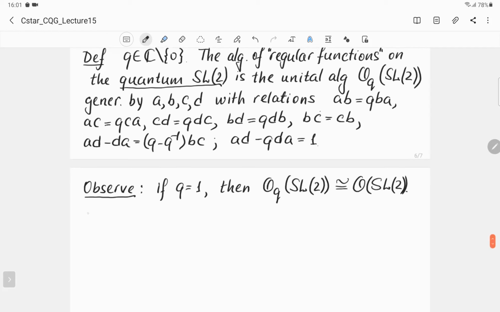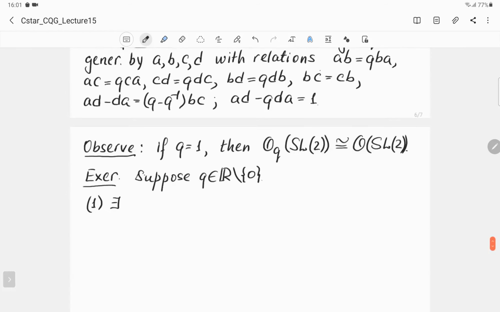So we have the following exercise. First of all, suppose that Q is real. Let's suppose that Q is a real number, and of course, non-zero real number. Part 1, there is an involution on the algebra of regular functions on the quantum SL2, uniquely determined by the following formula.